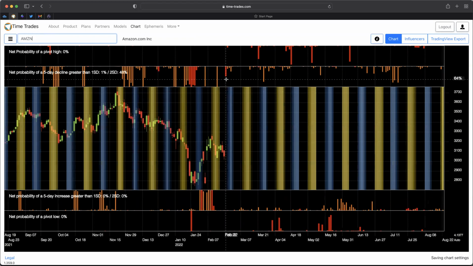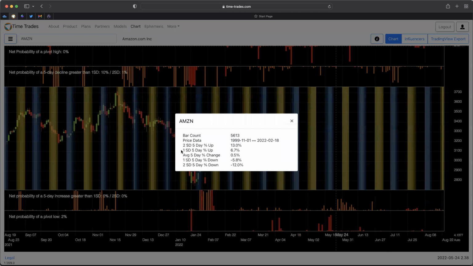Amazon has a big down day on Tuesday, 48% probability of a 2 standard deviation move. And if you're curious, a 2 standard deviation move in Amazon is 12% when compared with the bar 5 days prior.